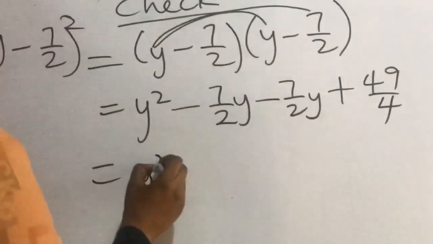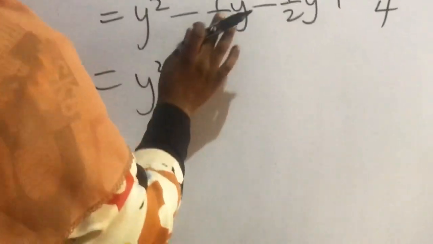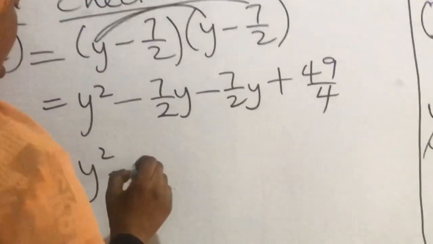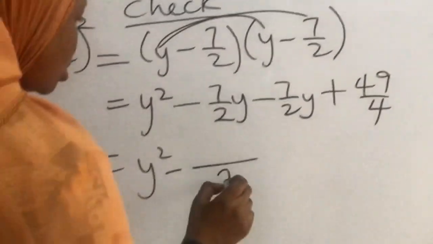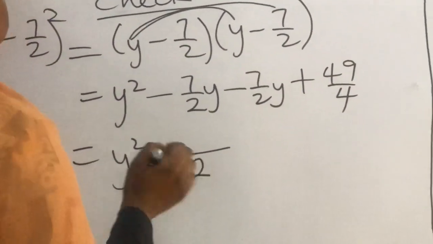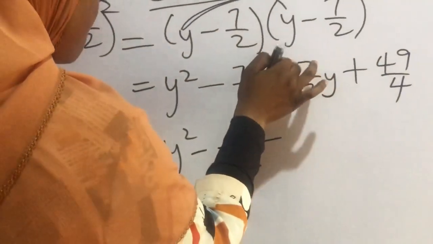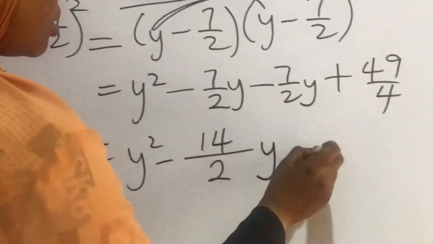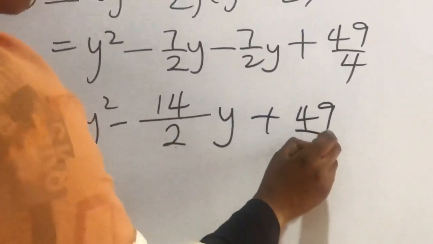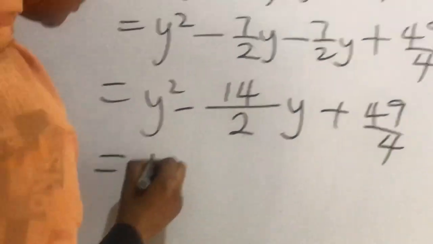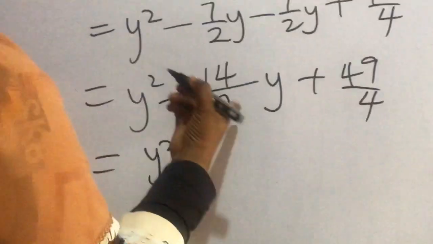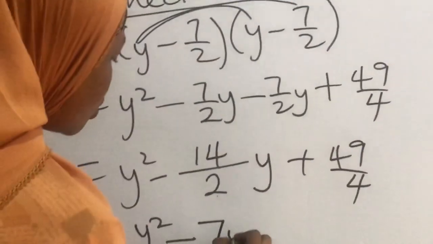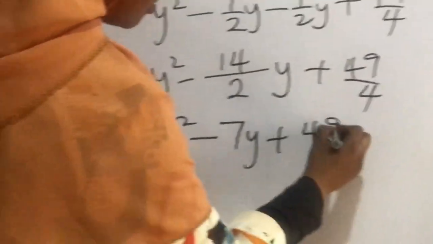So y squared minus 7 over 2 y minus 7 over 2 y. So the LCM is 2. That is minus 7 minus 7 gives minus 14. Then y plus 49 over 4. So y squared, minus 14 divided by 2 is equal to minus 7, y plus 49 over 4.